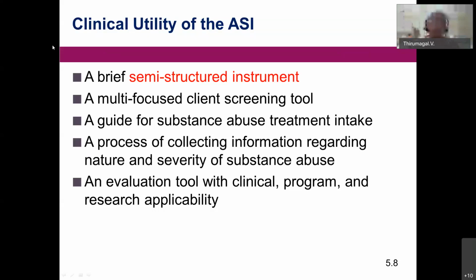That big empty space is for writing comments. Every question you ask, you may get details, answers from the client, which you will make a dot, write the question number and add the details. That is why ASI is called semi-structured. Some questions are answered with yes, no, number of days, but every question you may also write details in the right hand side.